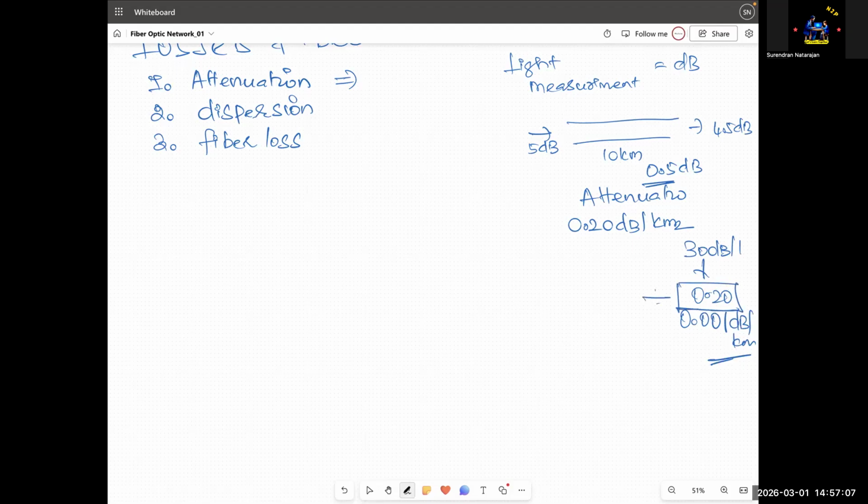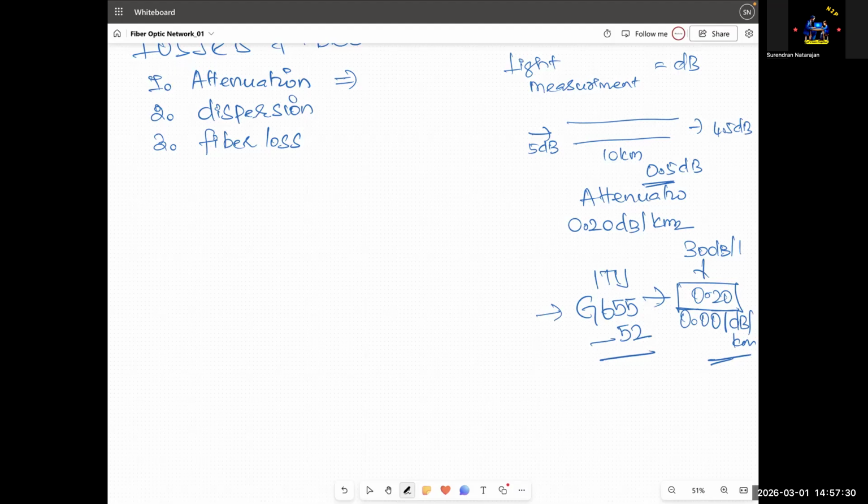Every fiber having these qualities is measured in terms of different ITU standards, for example G655, G652, all those things. If it is a single mode fiber, the standard is different. Multi-mode standard is different. I will give you the standards, 4 or 5 of them. You need to remember them.